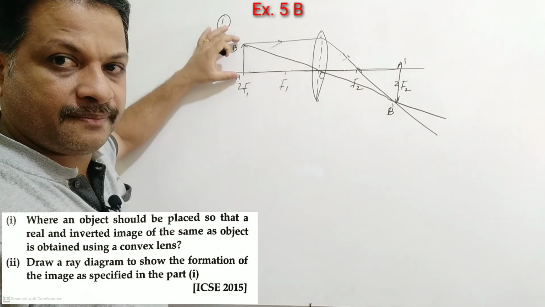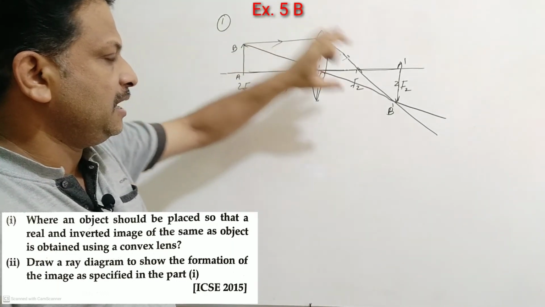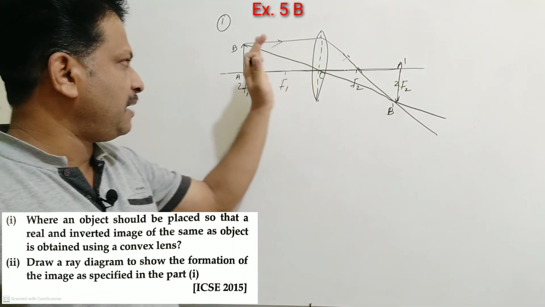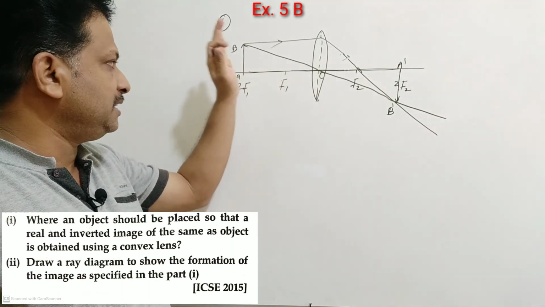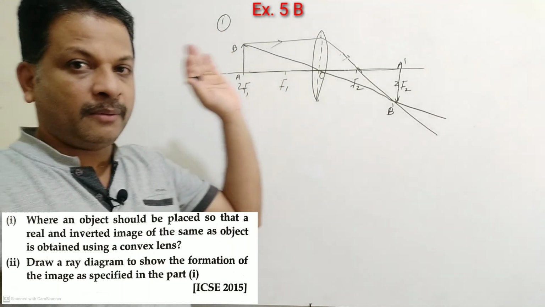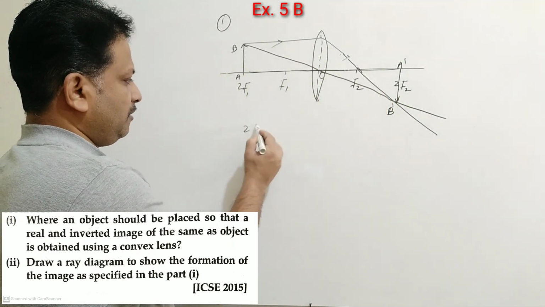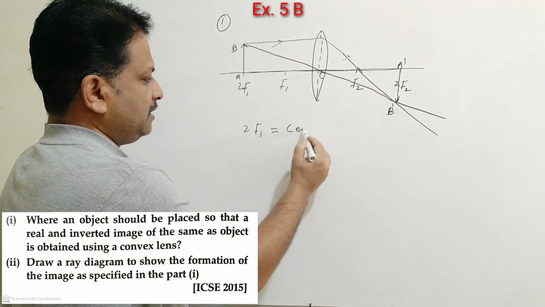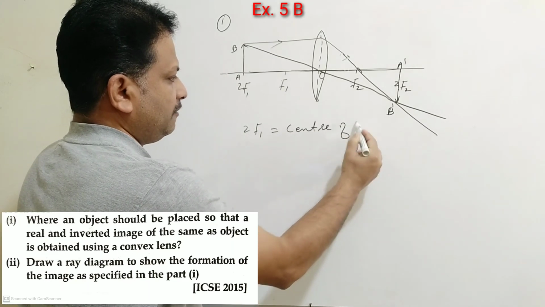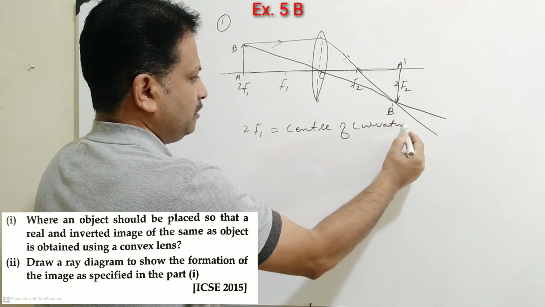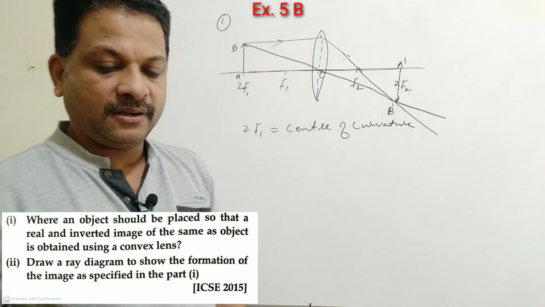There is no magnification here, because the size of the image is the same as that of the object when the object is placed at 2f1. Remember this case. 2f1 is also known as the center of curvature.